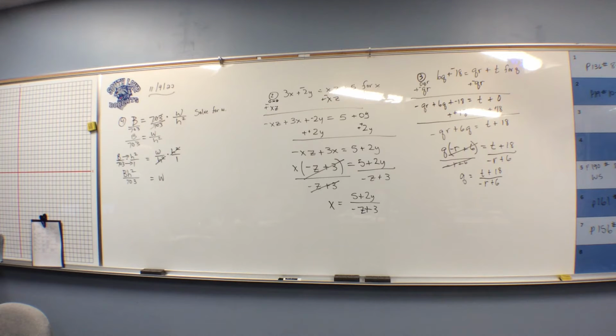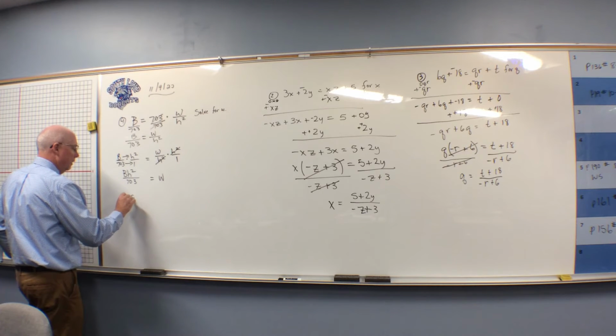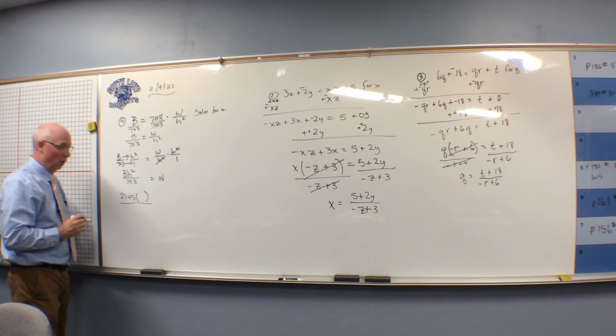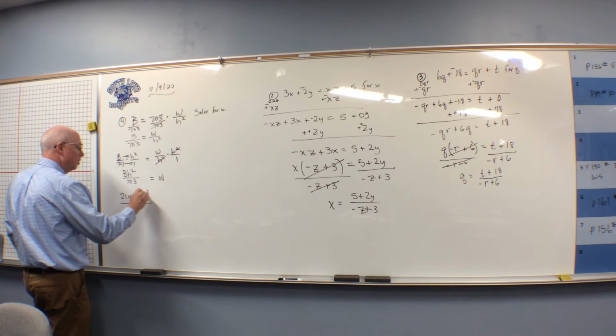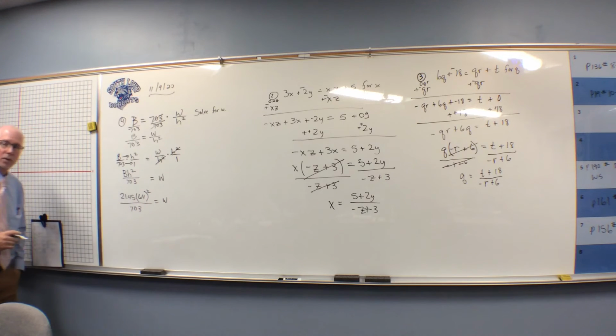Which letter represents the body mass index? Capital B. And it's 21.45, so I'm going to put 21.45 in that. And how tall is this person? 64 inches. So I'm going to put 64 and I'm going to square it and then 703. That will tell me the weight of this person.